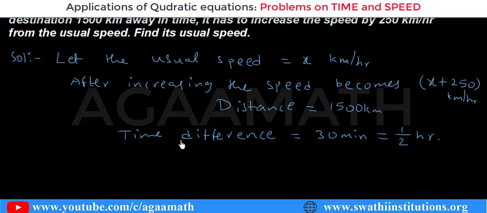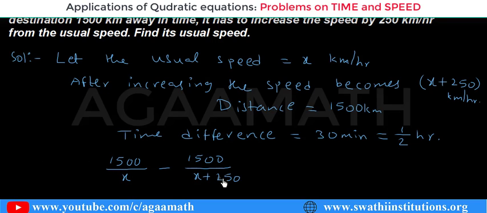So actually time is equal to distance by speed, right? If I compare with the usual speed, the distance is 1500 and the time is 1500 by x. And if I compare with the increased speed, the distance is 1500 and the speed is x plus 250, because time is equal to distance by speed.